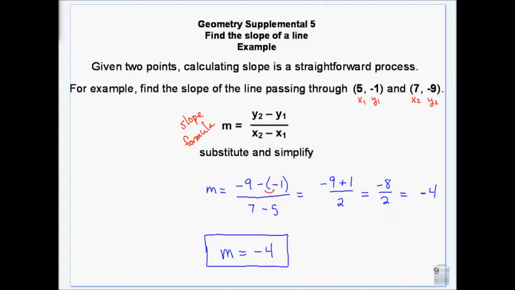Oh, we didn't talk about that. With a positive slope, the lines move upward as we move from left to right. With a negative slope, the lines move downward as we move from left to right. So positive slopes go up, negative slopes go down.